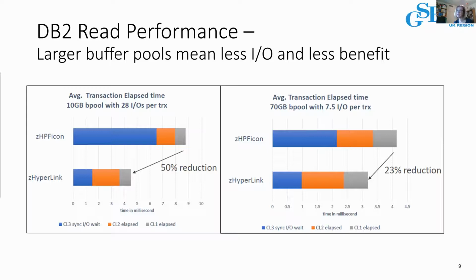So even though larger buffer pools are a better option for improving latency, and more memory is better, even with that, 10 versus 70, the zHyperlink adds that additional latency benefit. So that's something to keep in mind later on when we're talking about how to choose your zHyperlink eligible IO. We at IBM have some tools that will help you with that analysis. But even with this kind of behavior, you can see that there is high value in the zHyperlink.